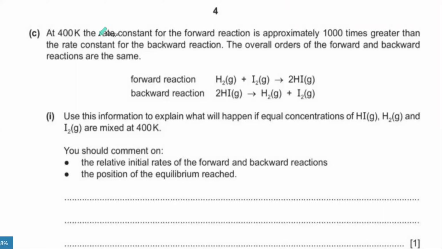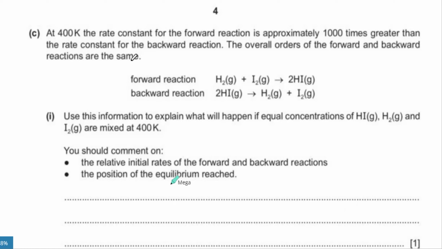So then the next one is at 400 kelvins, the rate constant for the forward reaction is approximately 1000 times greater. So he's talking about the rate constant. So it's approximately 1000 times greater than the rate constant for the backward reaction. The overall orders of the forward and backward reactions are the same.